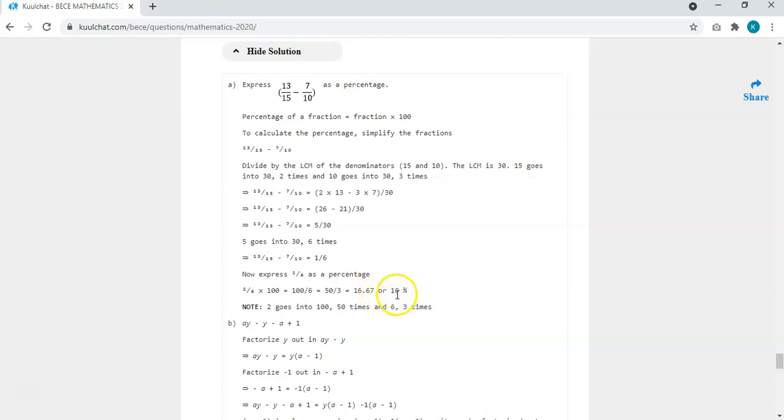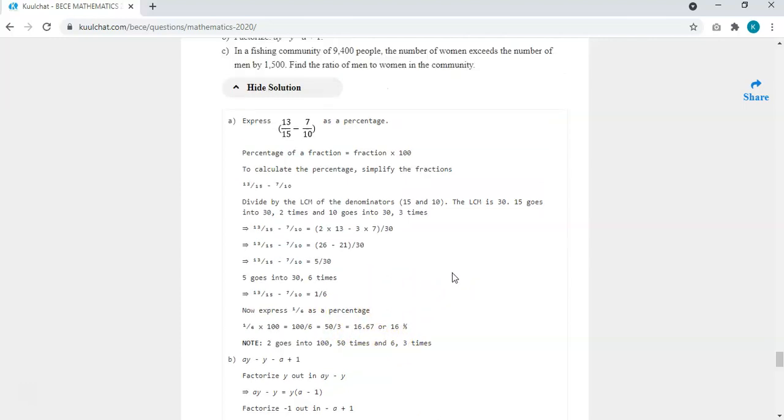Or when you change to a mixed fraction, 3 can go into 50 16 times. Then what will be the remainder? Remainder 2, because 16 times 3 is 48. So this will be in percentage. Okay, so that's it for A.